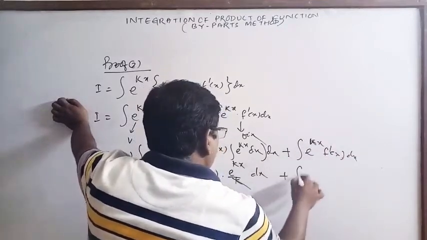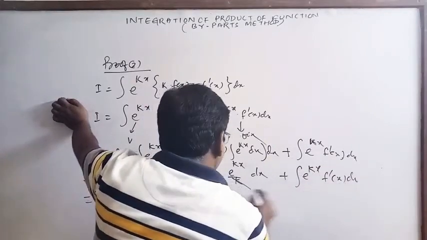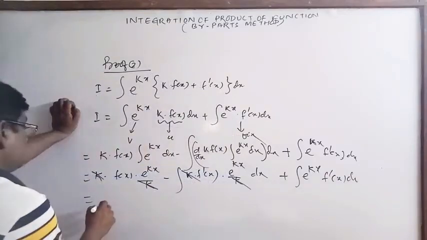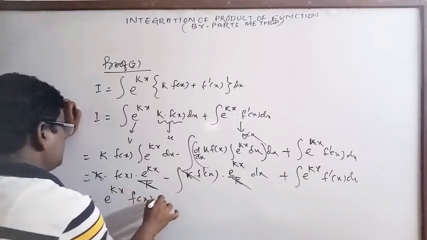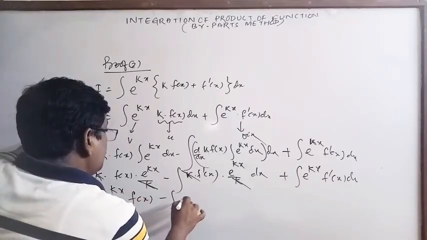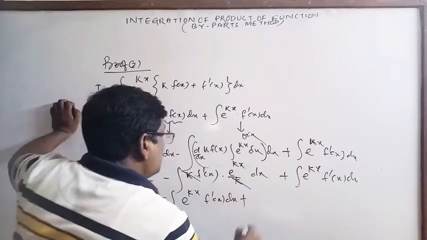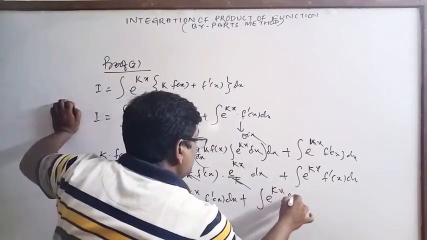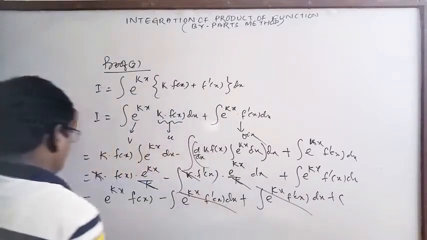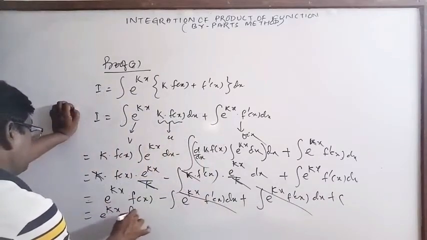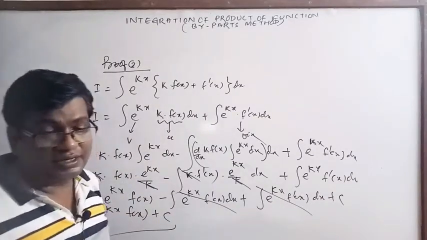Okay, so e to the power kx f dash x into dx, this part cancels. This is equal to e to the power kx f of x minus integration e to the power kx f dash x dx plus integration of e to the kx f dash x dx plus c. This part cancels, so what remains is e to the kx f of x plus c. This is the proof of the second cancellation law.